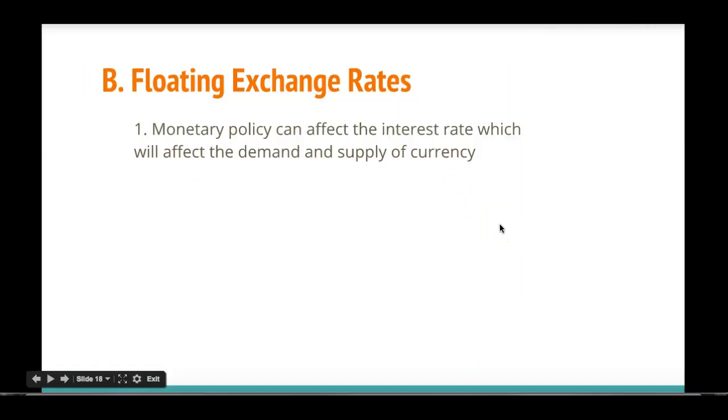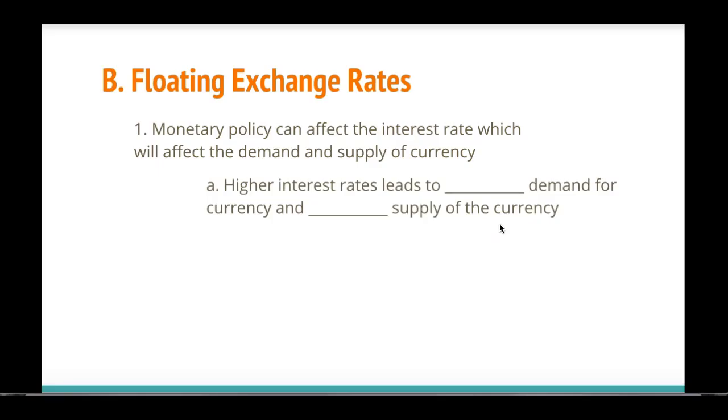Okay, floating exchange rates. Now, monetary policy can affect the interest rate, which will affect the demand and supply for currency as well. So we did talk about how monetary policy could be used to maintain a fixed exchange rate, but it will also affect a floating exchange rate.